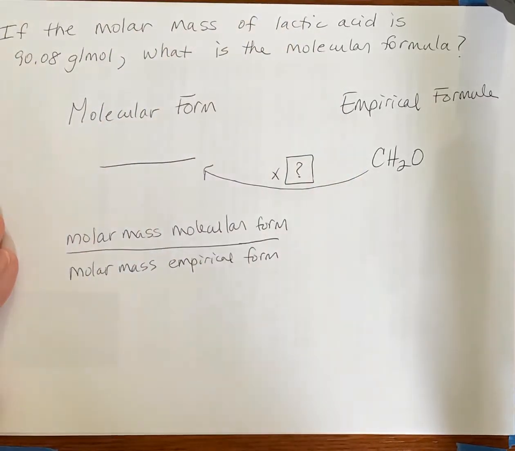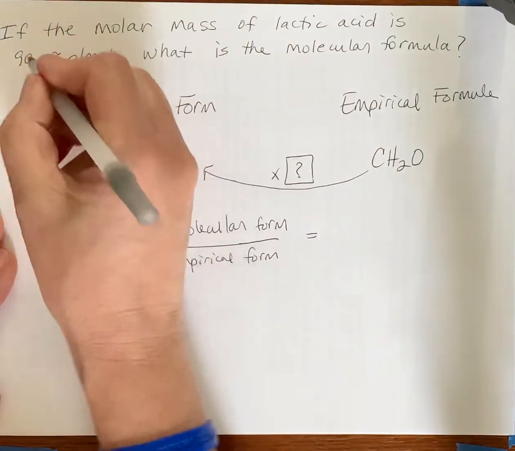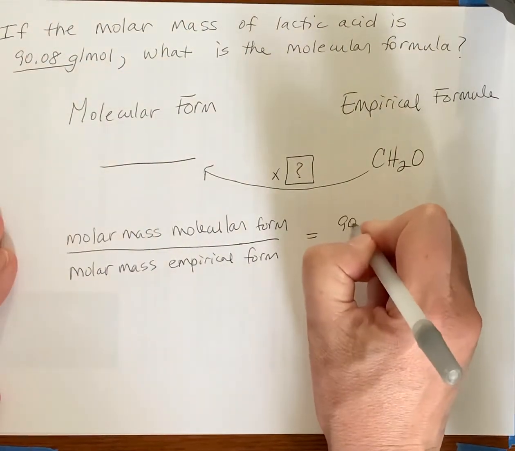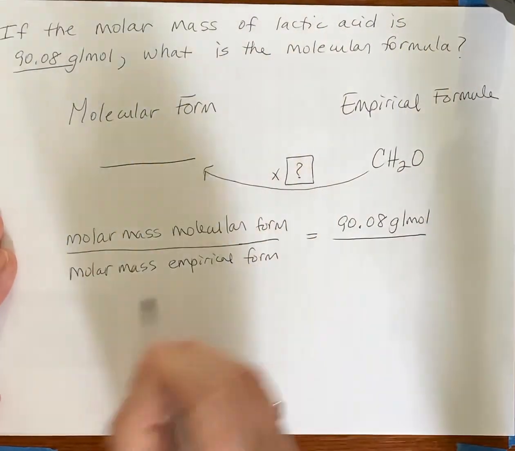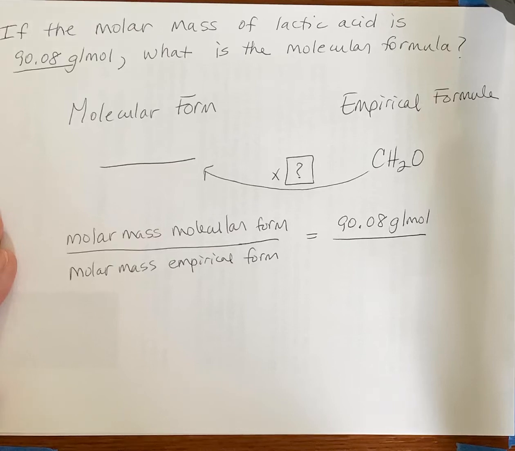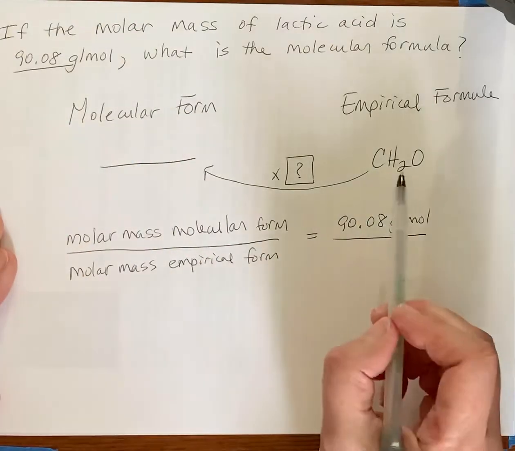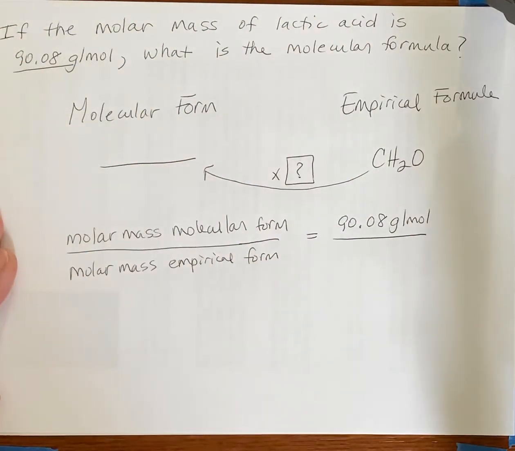You have to be given the molar mass of the molecular formula in the question. So you will always have the numerator. And in this question, it's given to us right here, it is 90.08 grams per mole. You will not have the molar mass of the empirical formula, but you will know what the empirical formula is.